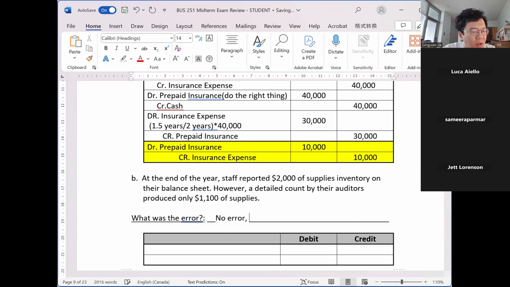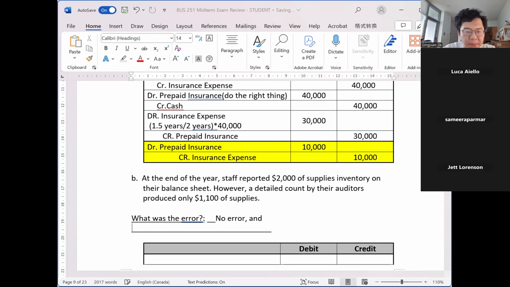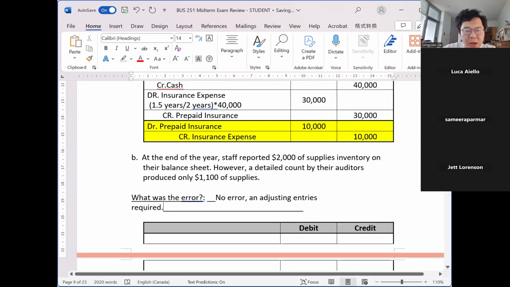It's just an adjusting entry required. We haven't booked anything wrongly.